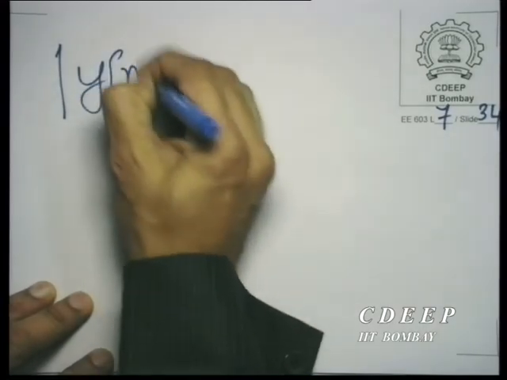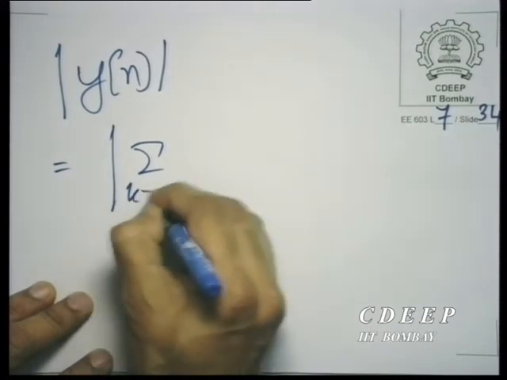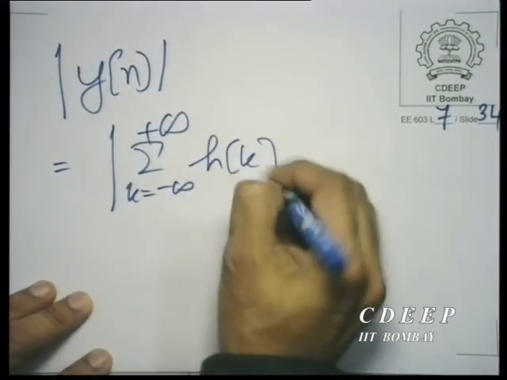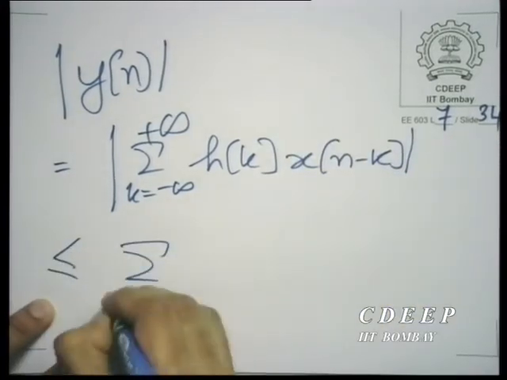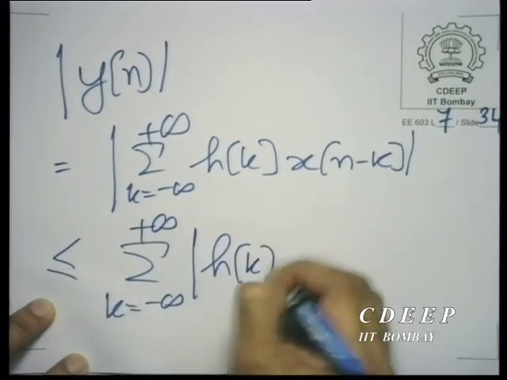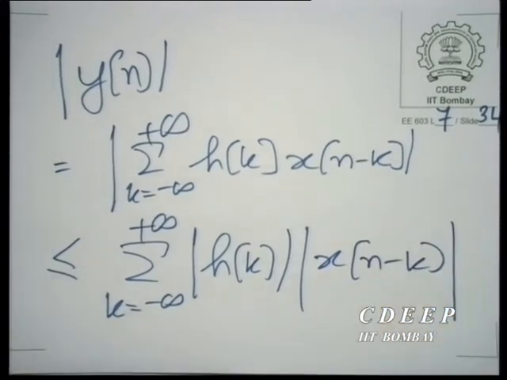The modulus of y[n] is the modulus of the summation over k from minus to plus infinity of h[k] x[n minus k], and of course, this is less than or equal to the summation over k from minus to plus infinity of mod h[k] mod x[n minus k], as usual, because mod a plus b is less than or equal to mod a plus mod b.